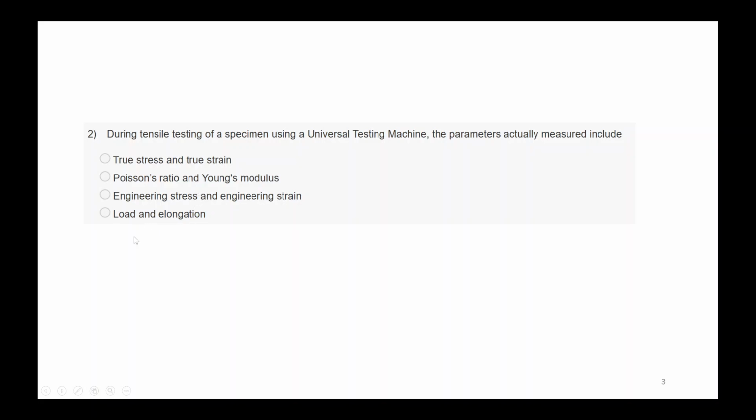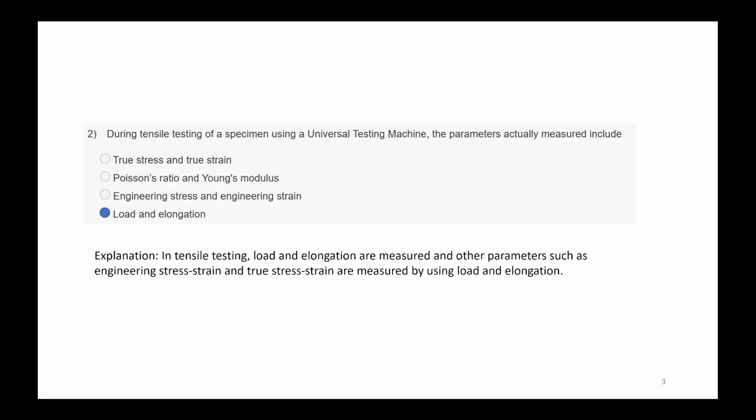When we do tensile testing, we measure load and elongation, so this will be the answer. Other parameters such as engineering stress strain and true stress strain are obtained using load and elongation.